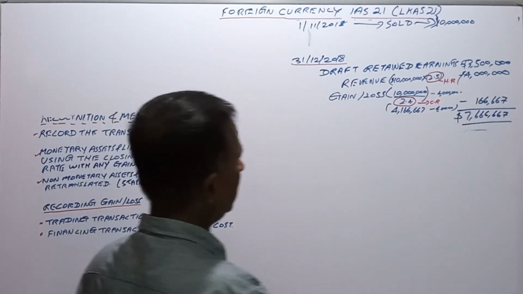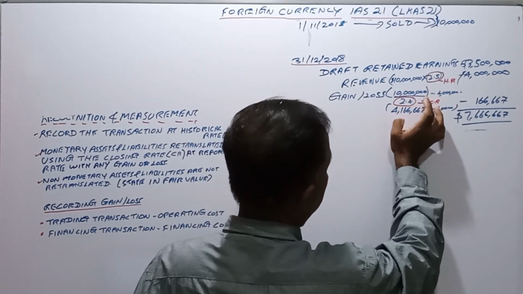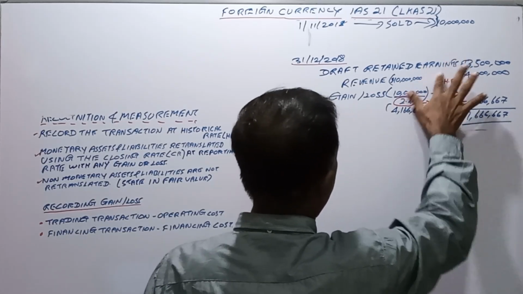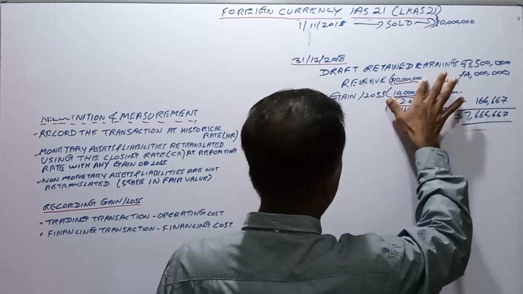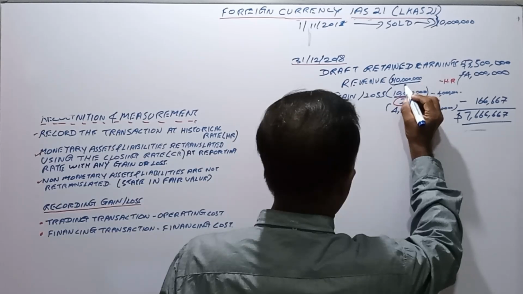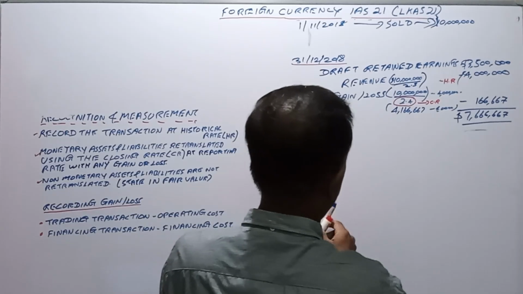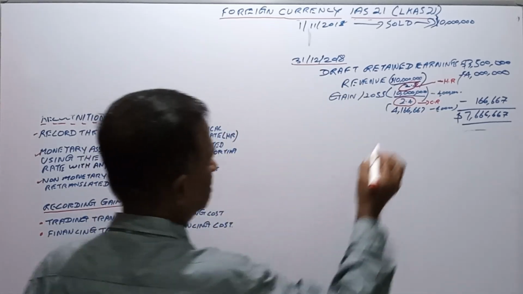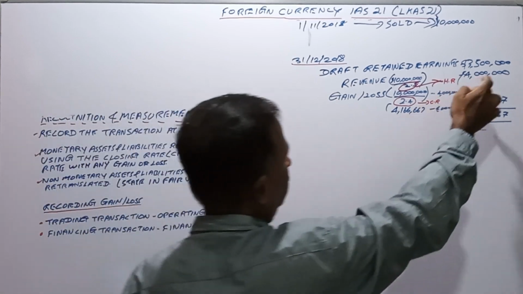At the closing date we apply the closing rate. 10 million divided by 2.5 is the amount called the historical rate amount, 4 million.